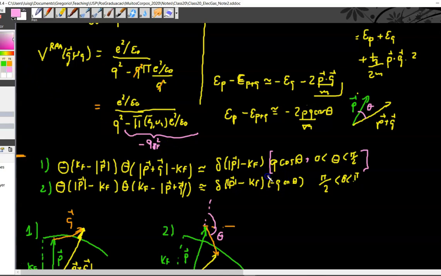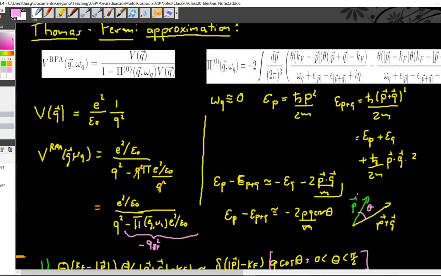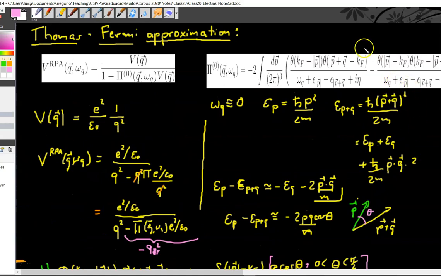So I know that the angles, if I define the angle theta in the two terms, would be different. So I can just define this angle here to be, I don't know, theta minus pi over 2 or something, and I then can integrate both of them in the same variable here.